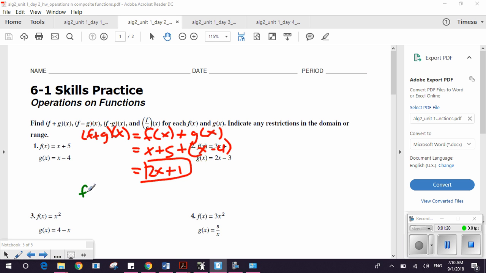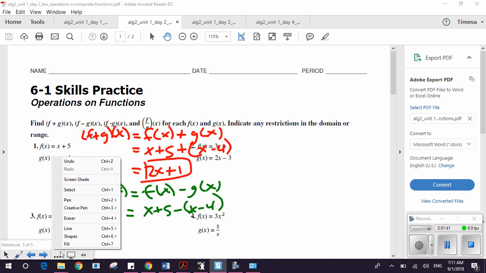Now we'll do f minus g of x. Again, it tells us to take f of x minus g of x. So that's x plus 5 minus x minus 4.